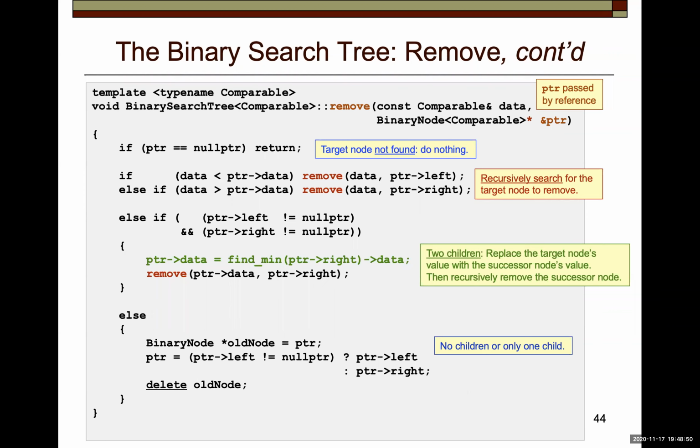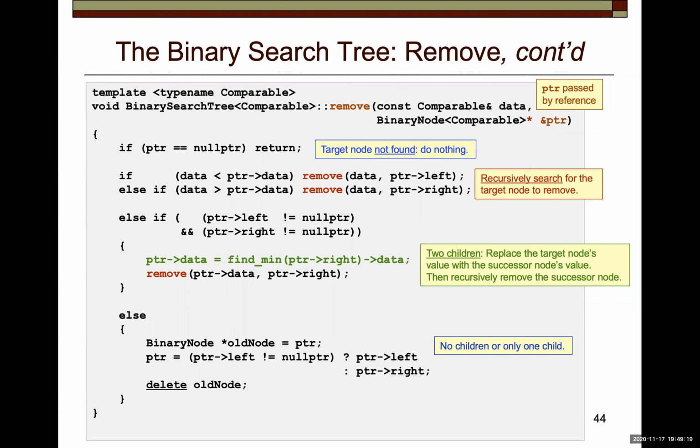All right, so this is how we remove a node from a binary search tree and ensure that what's left is still a binary search tree. I know this can be a little confusing, but when you go back over and look at the code, you'll see that this is what's going on.